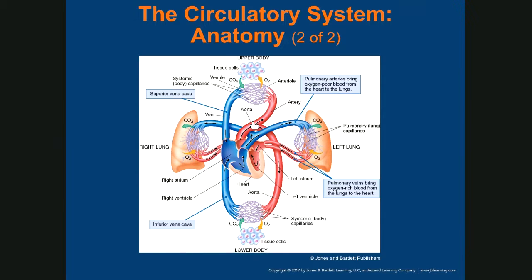The aorta then divides into what we call the ascending aorta and descending aorta. The ascending aorta goes to the upper portion of the body. The descending aorta goes to the lower portion of the body.